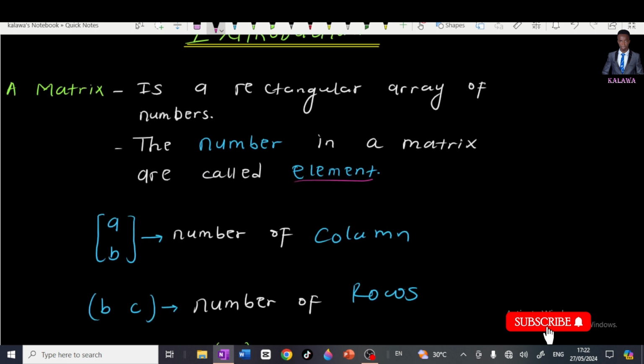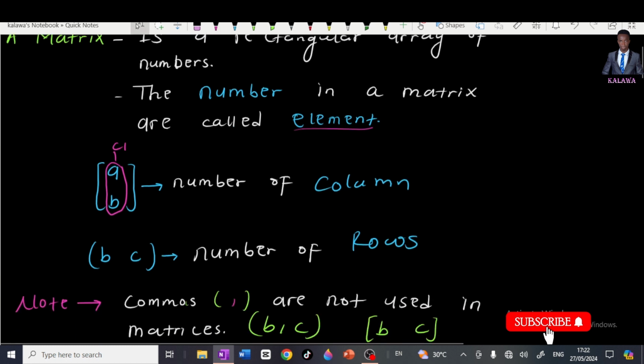For example, we can say A, B. So in this case, this is a column matrix because it has A, B. Remember, a column always moves the vertical way, it stands straight. And B C is a row matrix because a row matrix always moves the horizontal way. So this is a row. Let's say R1.